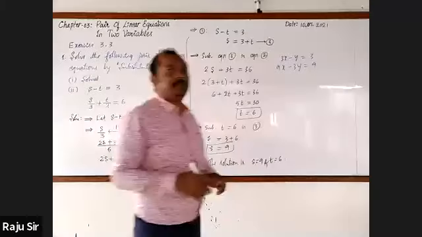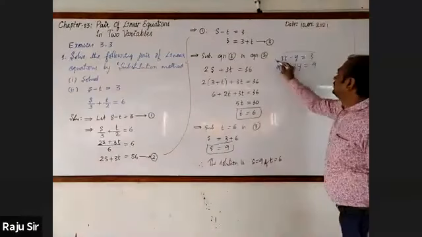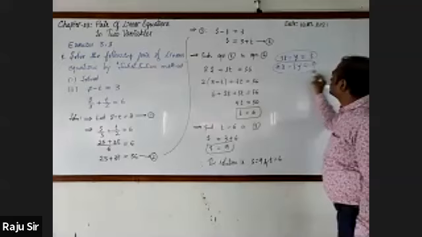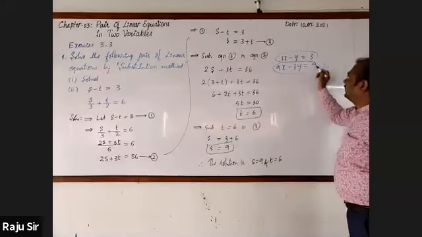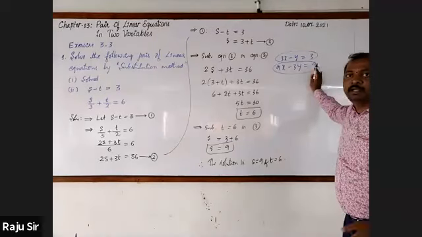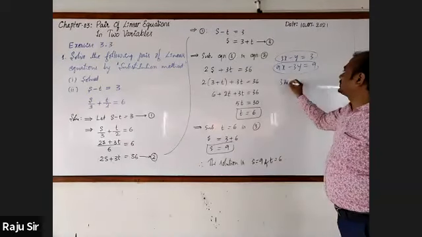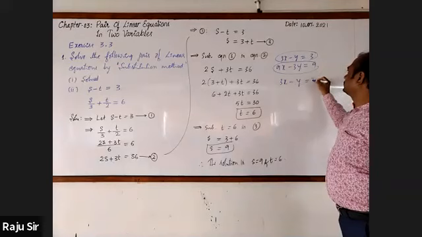Observe here. The first equation is 3x minus y equal to 3. Whereas the second equation, observe the coefficients. Here is 9, here is 3, and here is 9. All are multiples of 3. Divide them by 3: 3 threes are 9, 3 ones are 3, 3 threes are 9.